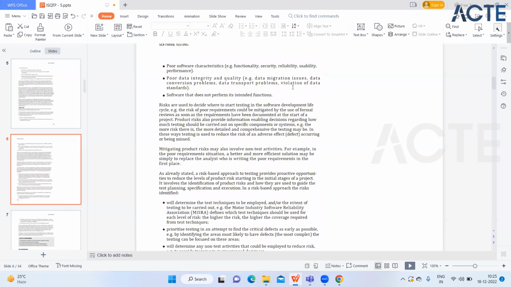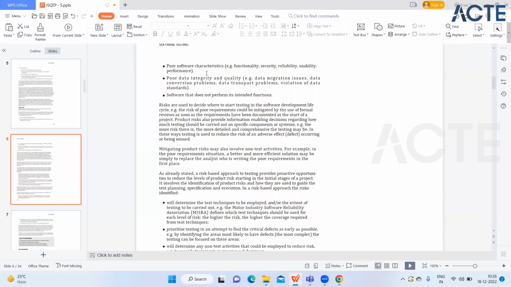Poor software characteristics, for example functionality, security, reliability, usability, performance. If you have not checked all the things properly, then the software characteristics will be poor. So you have made a software application and performed testing, but not in a proper way. You have not checked all the aspects. Then what will happen?